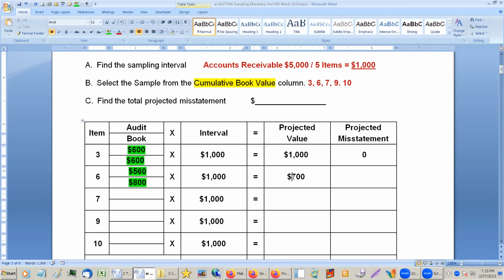So this is audit, and this is the book amount.